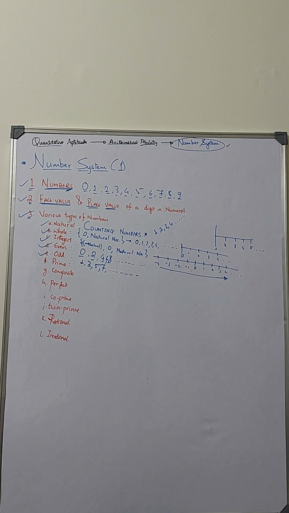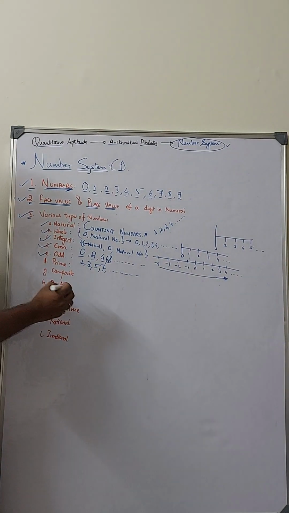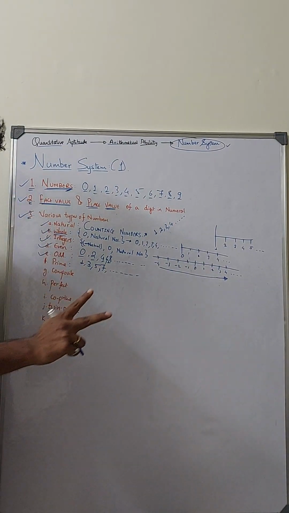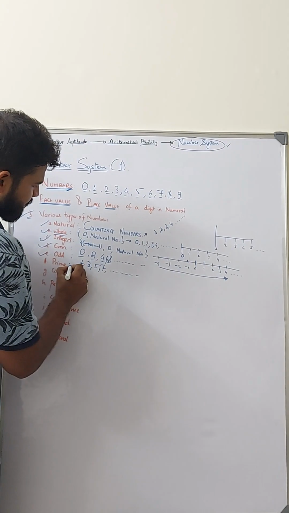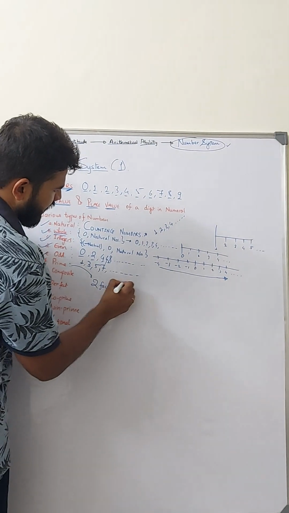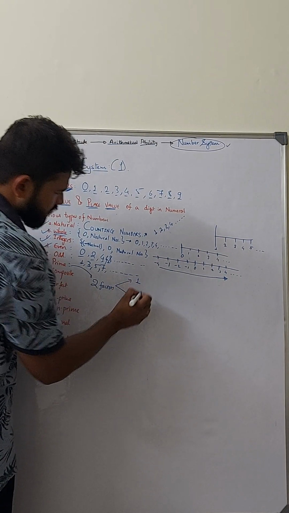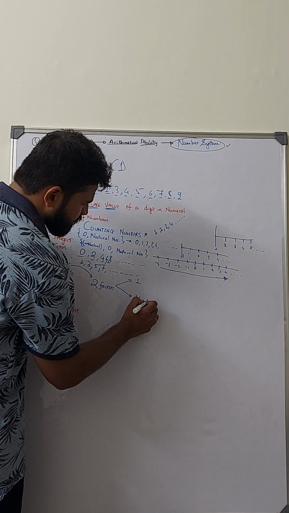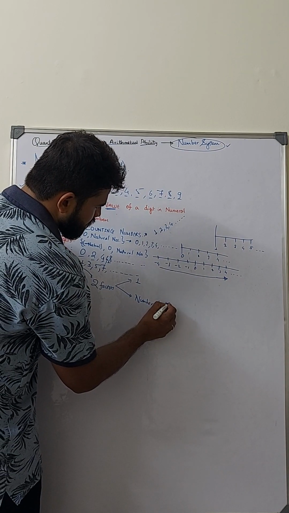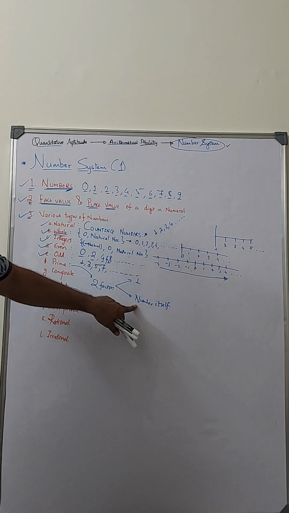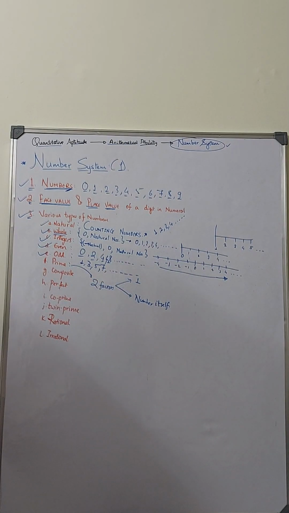Prime numbers are nothing but any whole number which has two factors, and one of the factors is always 1 and the second is the number itself. So there are two factors: the first one is 1 and the second one is the number itself. How? Let's see.